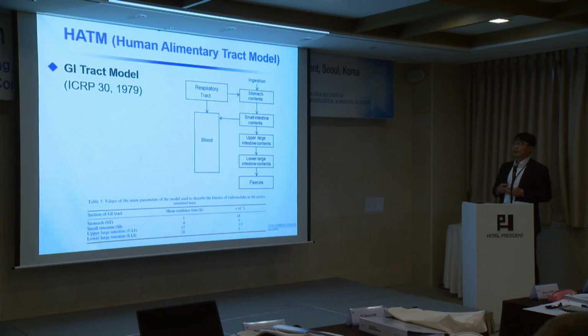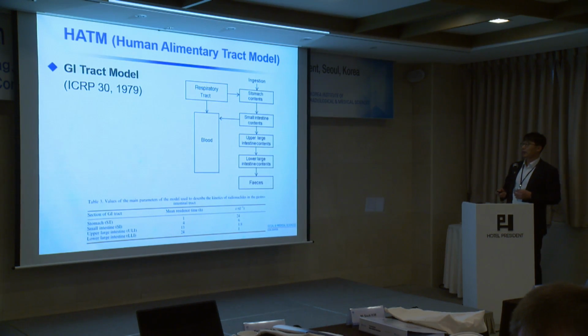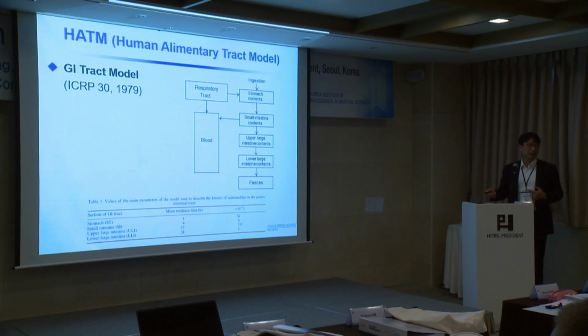In ICRP 30, they developed the GI tract model. This is a very simple model to describe the behavior of the radionuclides after ingestion. Simply, they adopted this compartment model to represent the human GI tract in 1979.